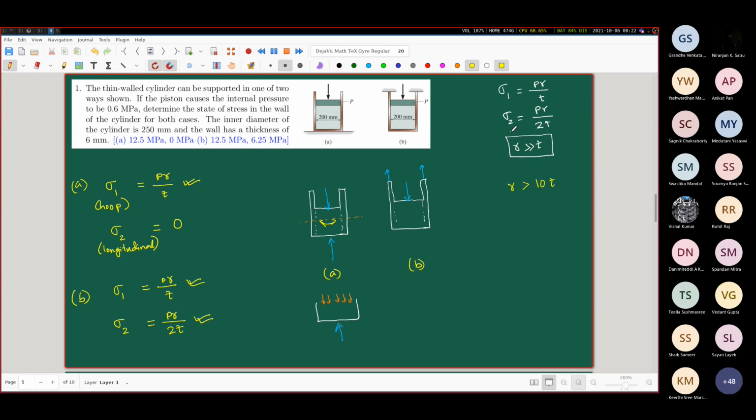But please remember that these are actual dimensions. When you are saying 10,000, what do you mean by 10,000? I mean, in a question where we have to make this kind of approximation, say the radius is given to be 10,000 millimeters, that means how many meters? 10 meters. A 10 meter diameter pressure vessel is pretty serious.